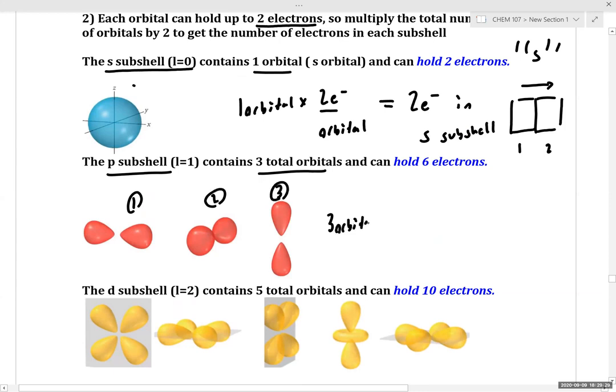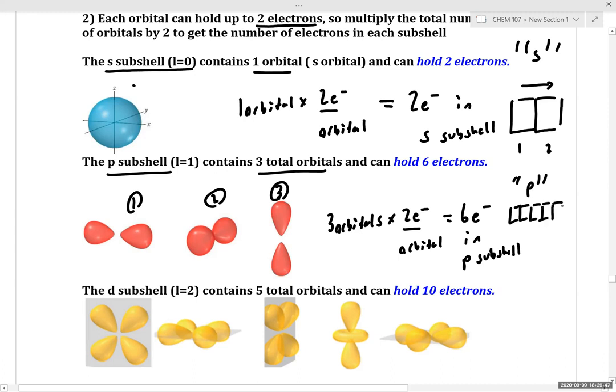So if we have 3 orbitals and each holds 2 electrons, we can have 6 electrons in our P subshell. And that is why when we look at the P block in the periodic table, it is the last 6 elements. So we're starting to see a connection developing here between this quantum model, the number of orbitals, and the arrangement of our periodic table.